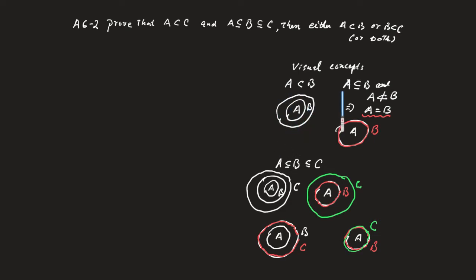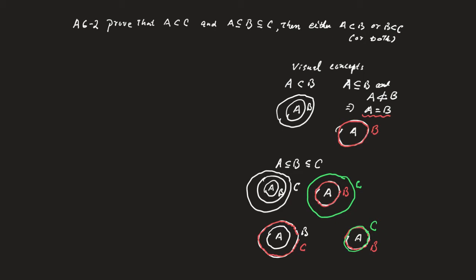But if A is a subset of B and at the same time not a proper subset of B, that actually means A and B are the same, A equals B. We can still say A is a subset of B, and B is a subset of A, because the definition of subset says if x belongs to A, it also belongs to B. So this is the situation.